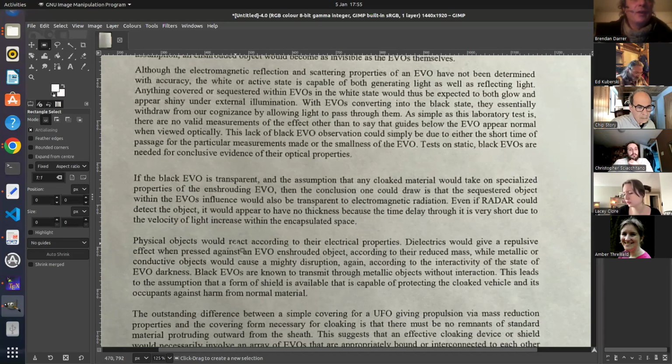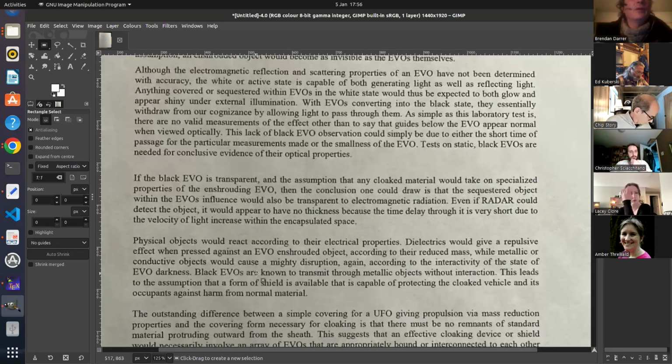Physical objects would react according to their electrical properties. Dielectrics would give a repulsive effect when pressed against an EVO enshrouded object, according to their reduced mass, while metallic or conductive objects would cause a mighty disruption, again according to the interactivity of the state of EVO darkness.